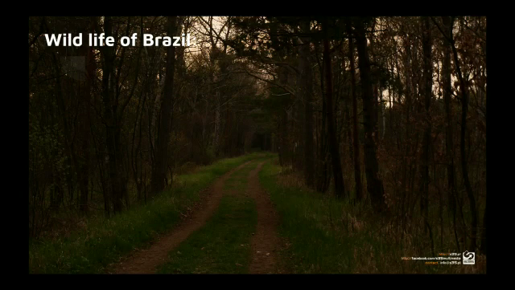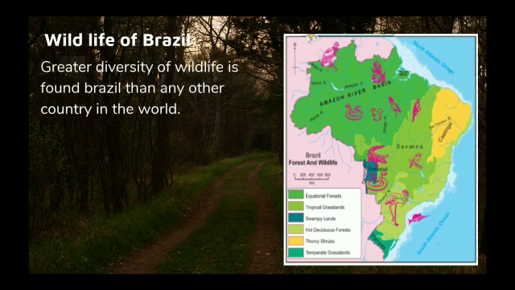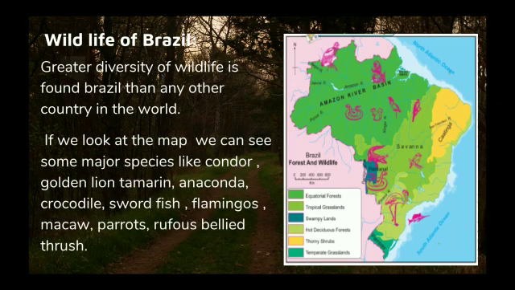The wildlife of Brazil. Greater diversity of wildlife is found in Brazil than any other country in the world. If you look at the map, we can see major species in Brazil.